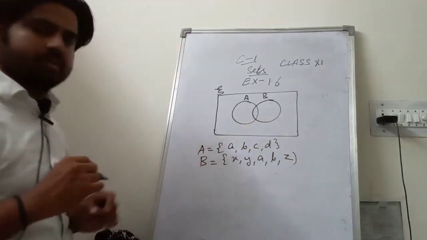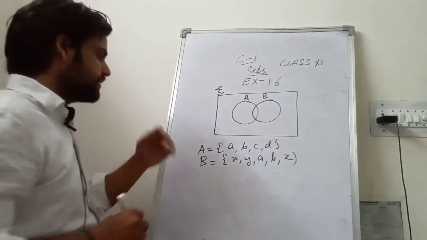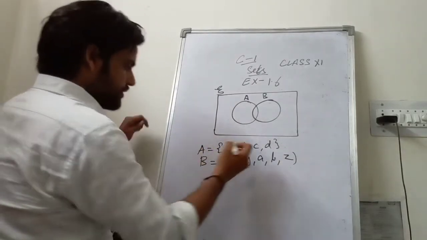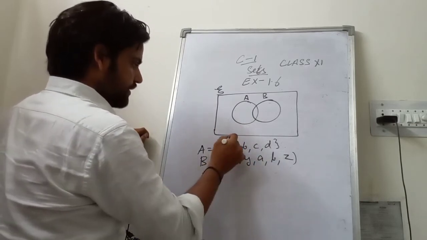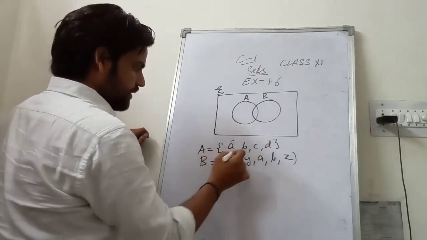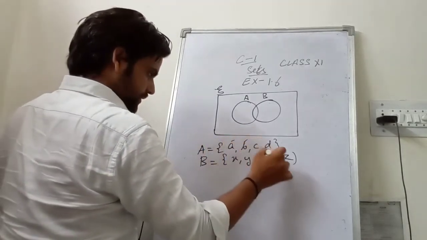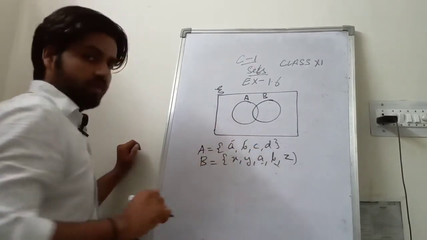So let's say these are the sets given, A and B. If I want to represent these elements in this diagram, first I'll find out whether any element is present in both the sets. In set A and set B, small a is present in both the sets. Small b is also present in both the sets. So these two elements are common to both the sets.